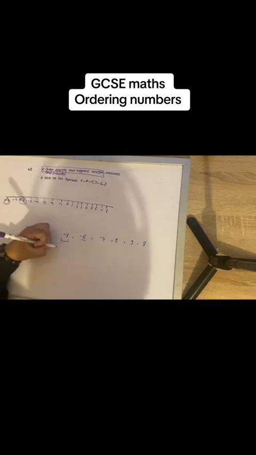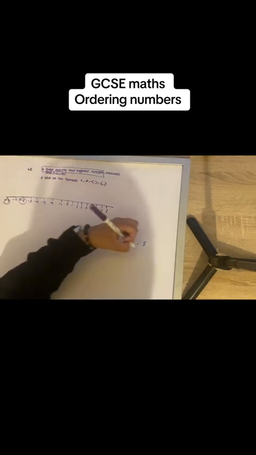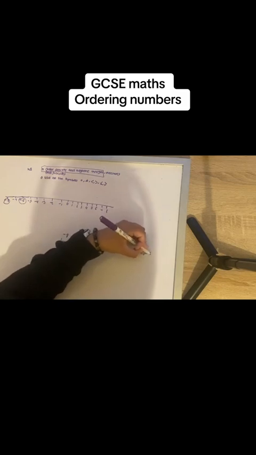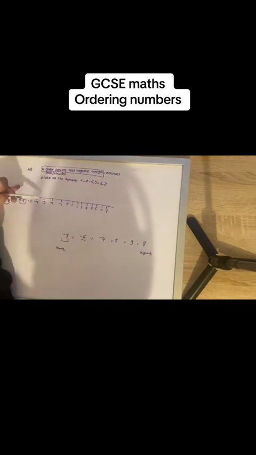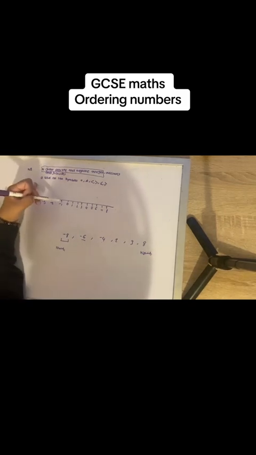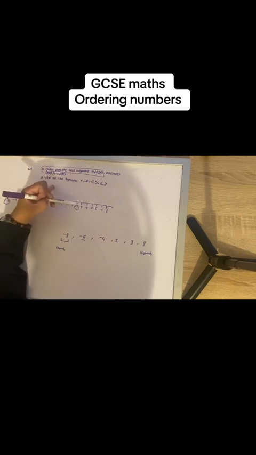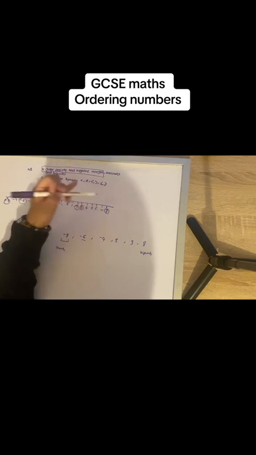And I'm going from the lowest value to the highest. And you've got -4. -4 is clearly getting higher and higher each time. Then you've got 2. And then, as you can see from here, it'll be 3, and then it'll follow on to 8.